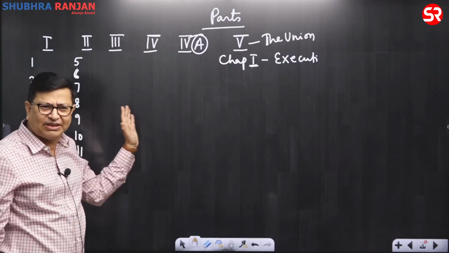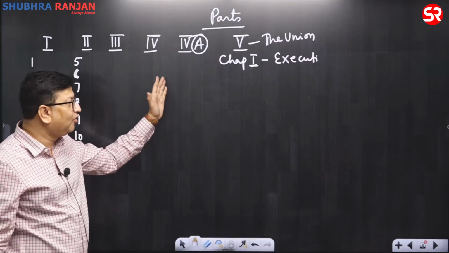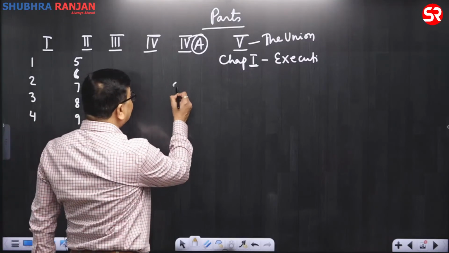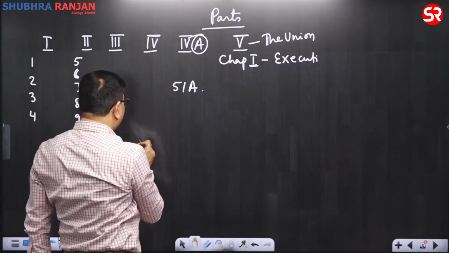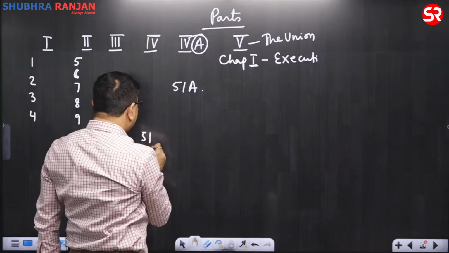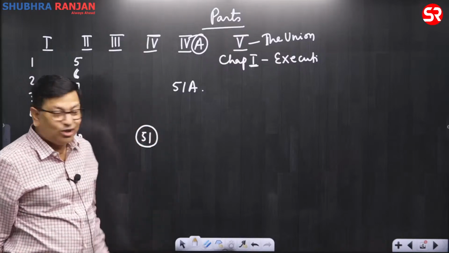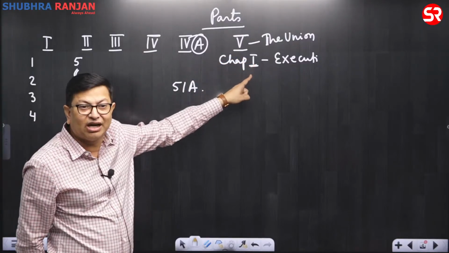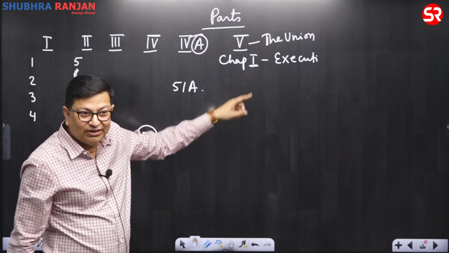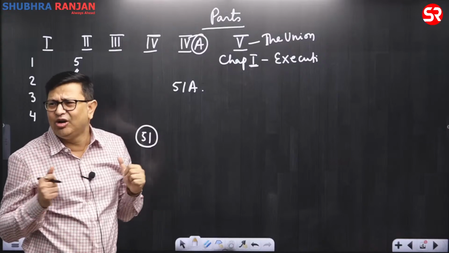So let us mention it right here, and a new article 51A was added, because the last article of part 4 is article number 51. So 51A, why? Because from 52 the executive starts. So there is coherency, and you will have an understanding also.